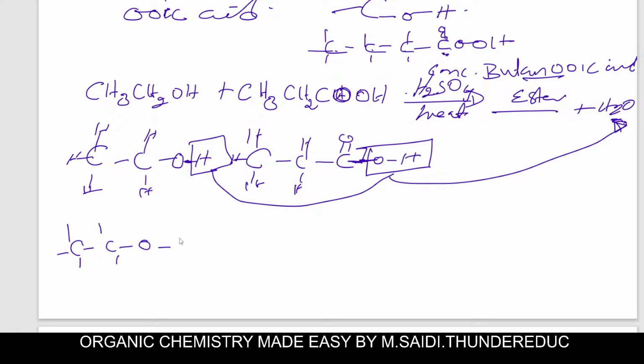Now I bring this other half bond, and I start to write from backward. You see, this is this, this is that. So what you have formed becomes an ester. So this is an ester.